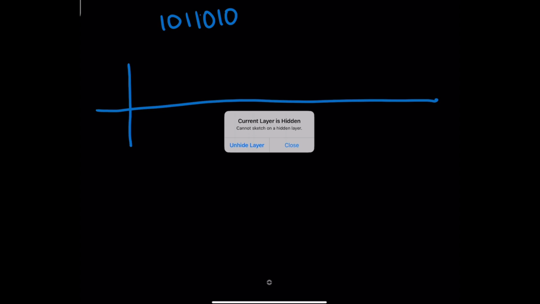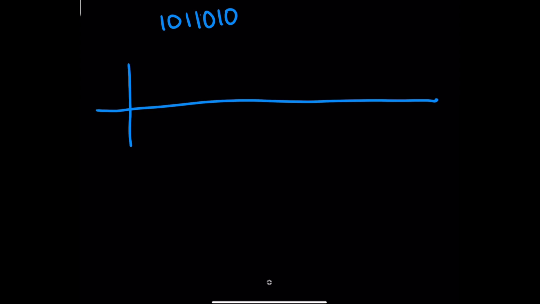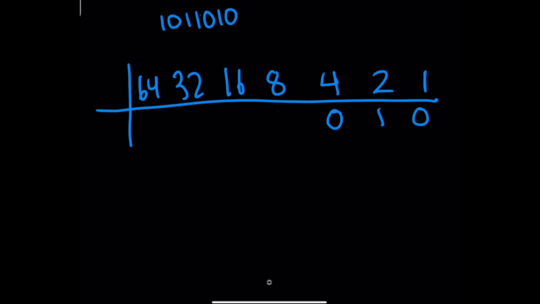We need 1, 2, 4, 8, 16, 32, 64. So we have 0, but it's given to us as 0, 1, 0, 1, 1, 0, 1.